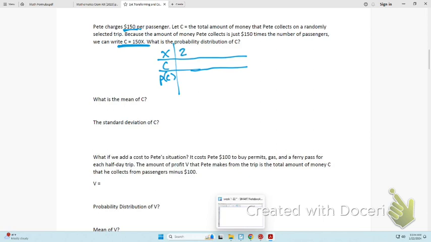So he's still having 2, 3, 4, 5, 6 customers. But now we know how much money he's bringing in. So if he's charging $150 a customer, he is bringing in $300 for 2, 450, 600, 750, and 900. We're just going x times 150. Probabilities are the same. Those have not changed.